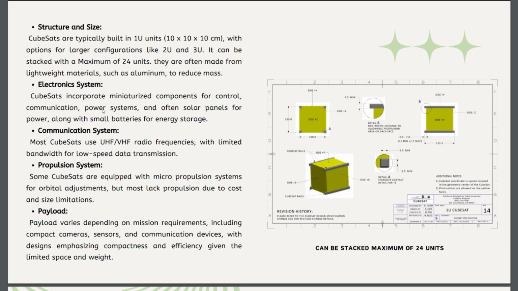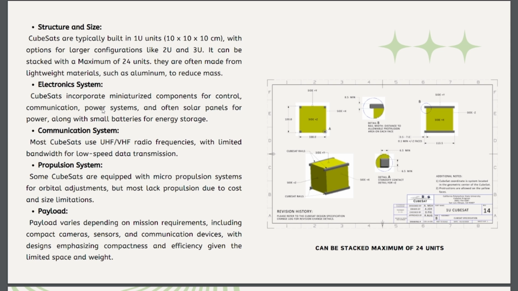Currently, our idea is to use a 3-unit design. The second one is the electronic system, which is about the communication and power system, but actually this is not important for our class. The communication system is about the radio frequency we use in the CubeSat. It is also not important for our class.